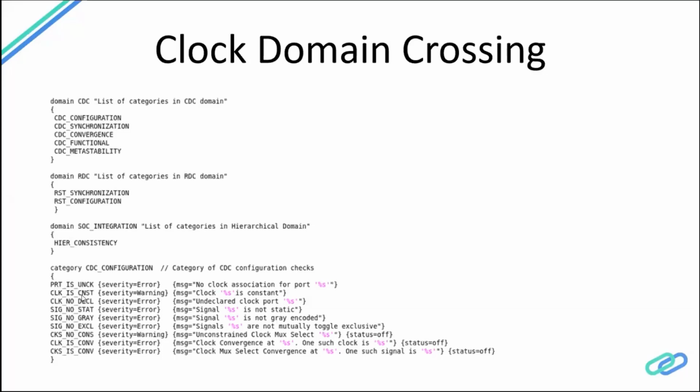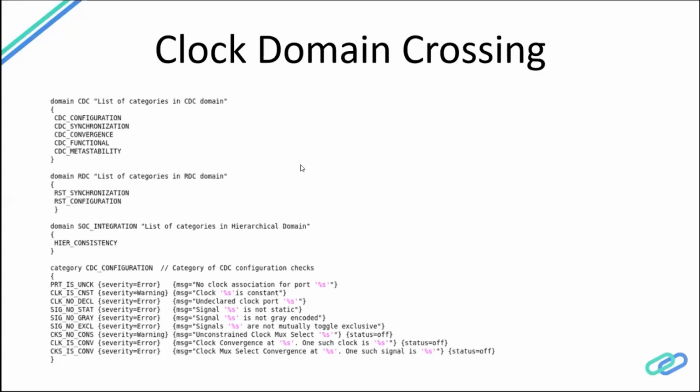And these are some of the checks. And what is the severity? So what I mean by severity is, suppose there is no clock association for a port. How we do the check is we design a constraint file for this.